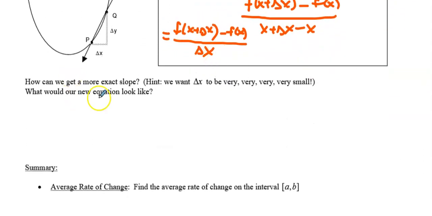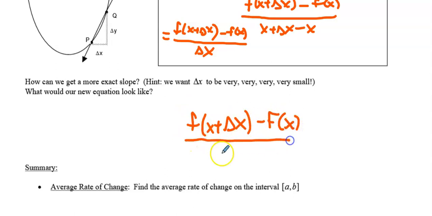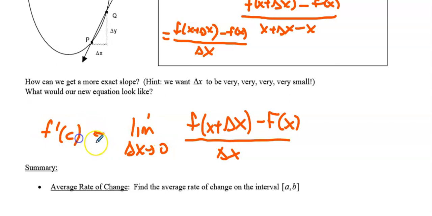So what we're going to do here is take our slope of our secant line and add the limit, and we want delta x to approach 0. And now we've changed the equation of our secant line to the actual equation of our tangent line. We're actually finding the definition of the derivative. So this is the very first one that we did.